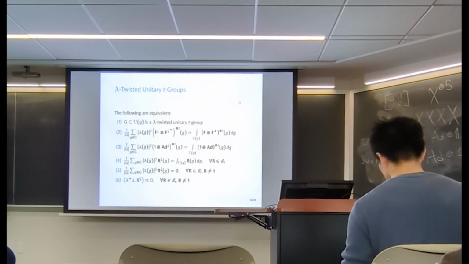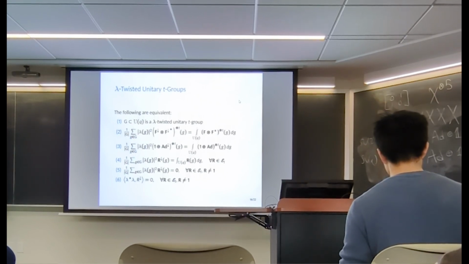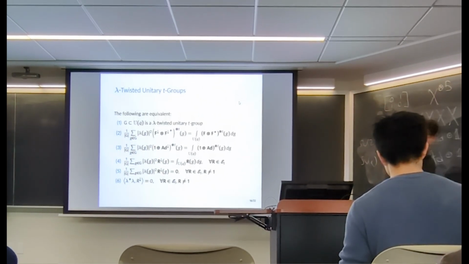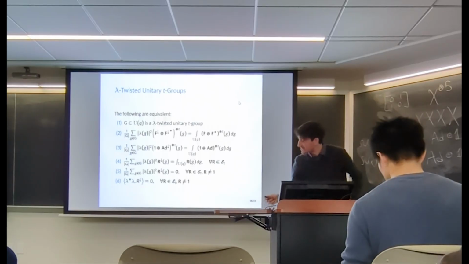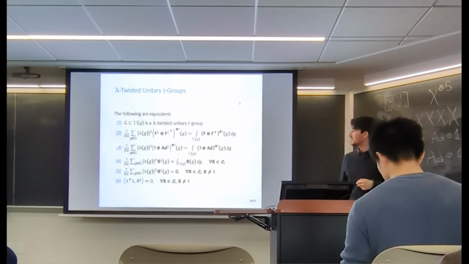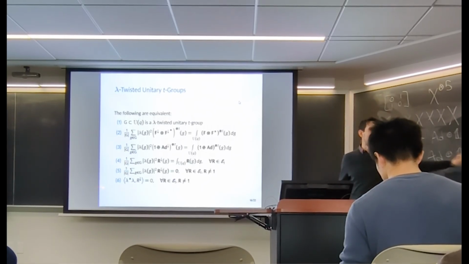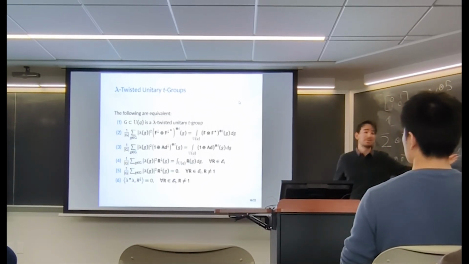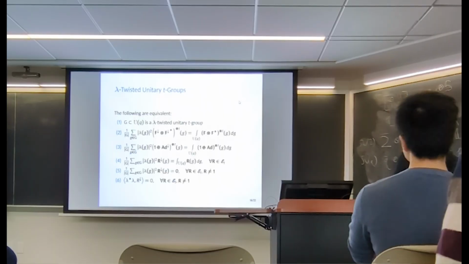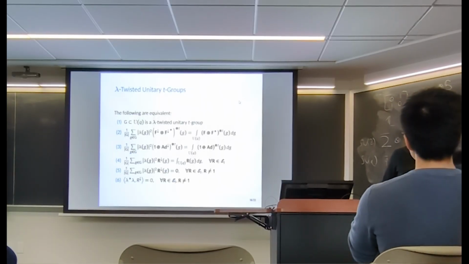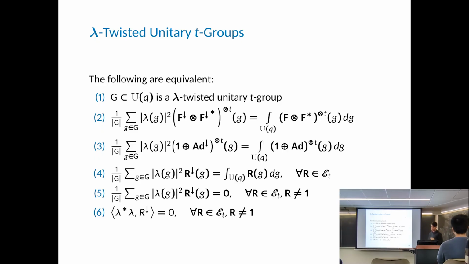And so that's how we get the condition that you see, or that's the connection. That's why the fact that UQ is a lambda unitary T group being equivalent to condition 6, that's why condition 6 has any meaning in terms of Knill-Laflamme error correction. It's because it says that a lot of these Knill-Laflamme error correction conditions are just automatically satisfied.